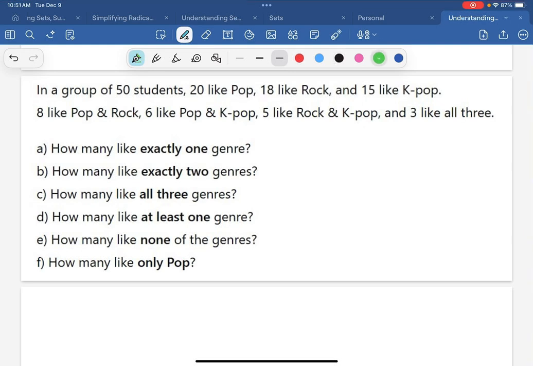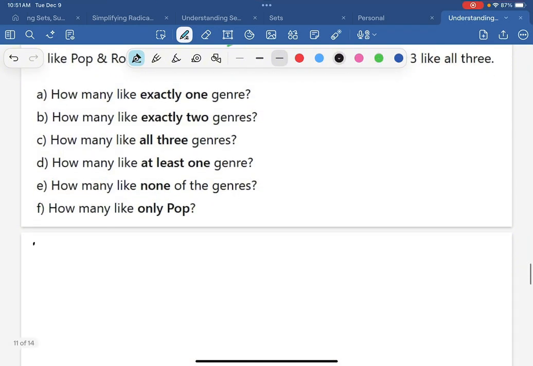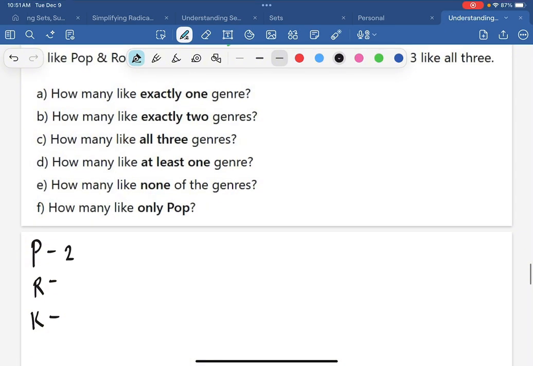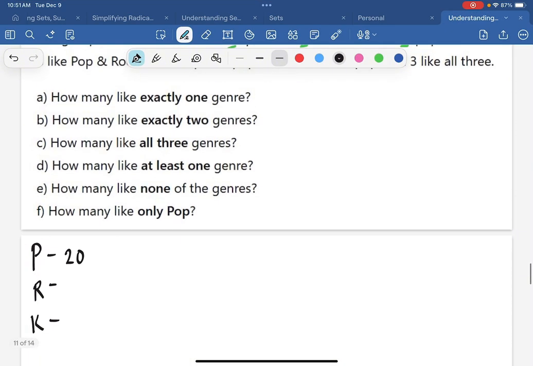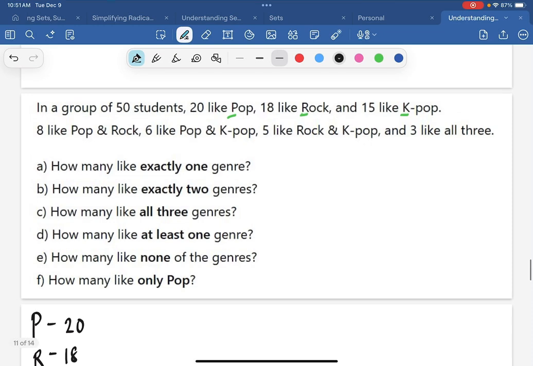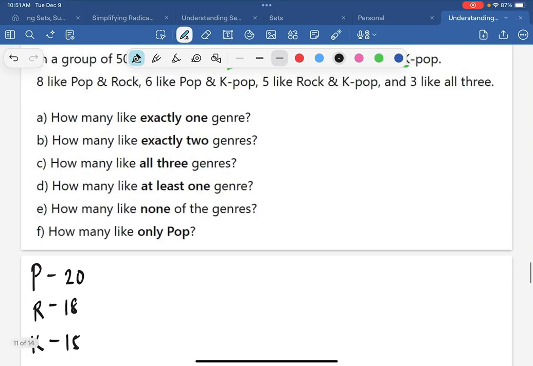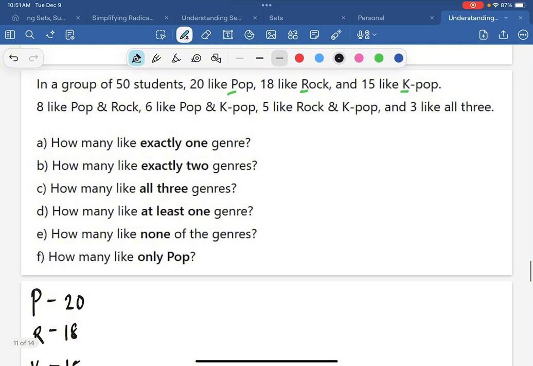So I'm gonna have P for pop, R for rock, K for K-pop. So we have 20, 18, and 15. Next, let's have 2. So P and R, we have 8.